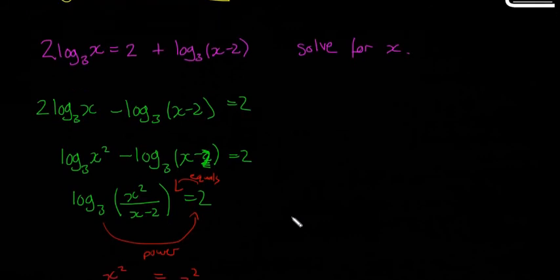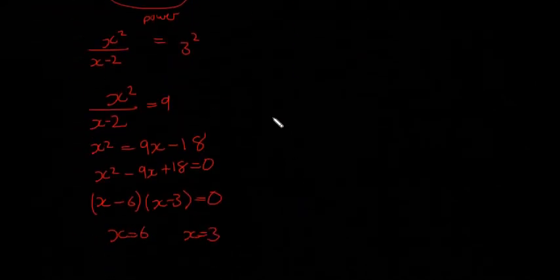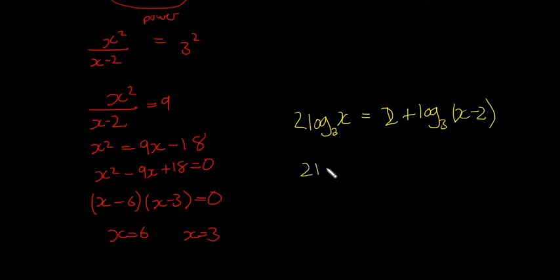Go up to the original equation, so just quickly, 2 log base 3 of x is equal to 2 plus log base 3 of x minus 2. So if we try 2 log 3 of 6 is equal to 2 plus log 3 of 6 minus 2, we'll see that that's correct.